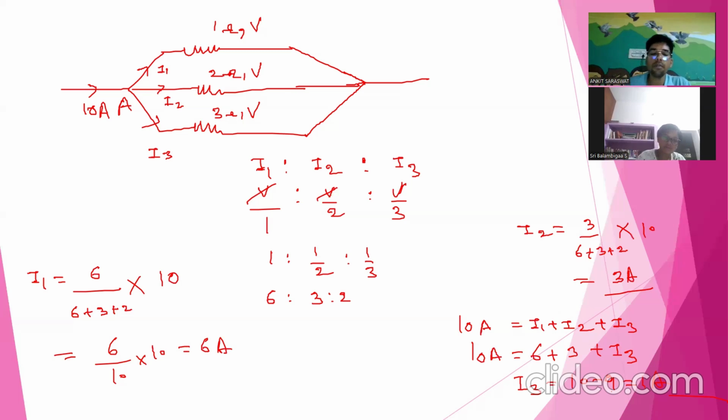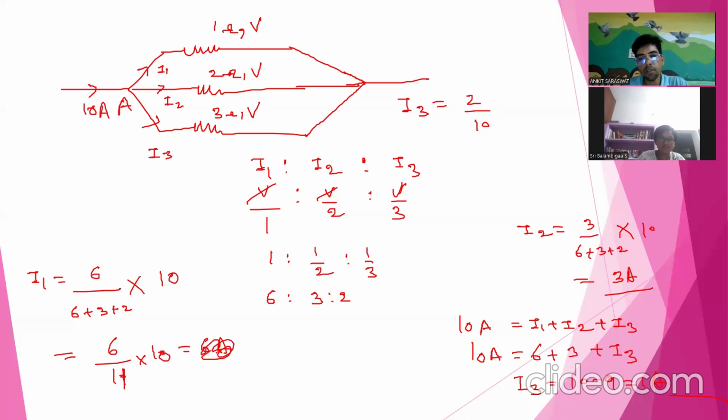If you solve like this also, it is correct. I3 will be 2 by 10. Sorry, here 11. You're right.